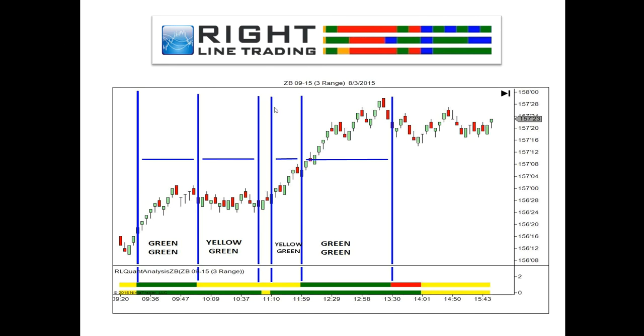What major institutions do during the course of the day is they do sector rotation. They're moving their money, and this is the big institutional money, into the sectors that at any given time they find to be the most favorable.